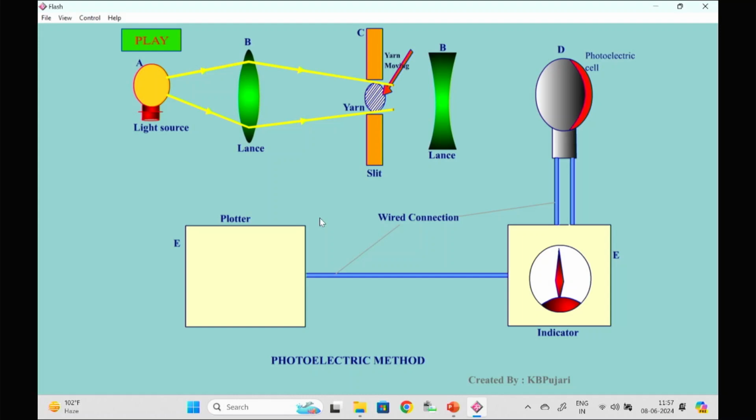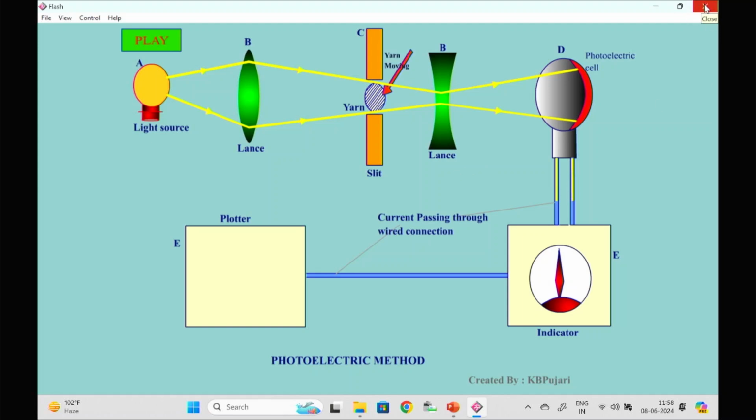So yarn is passing, and depending on the yarn diameter, we can get a plot. The yarn will move across, we will get a plot which will give the diameter variability. So the photoelectric method gives the variability in terms of diameter.